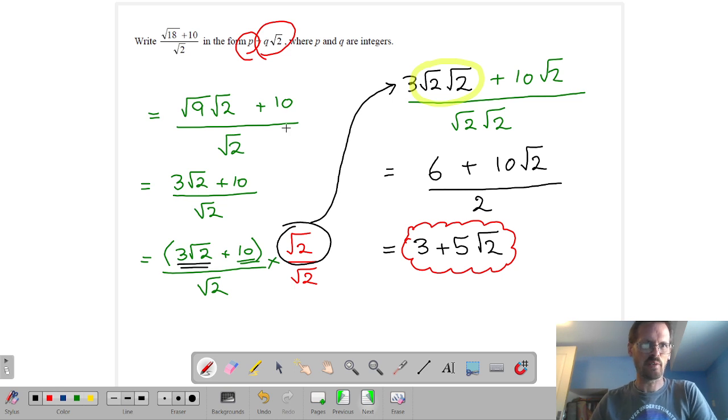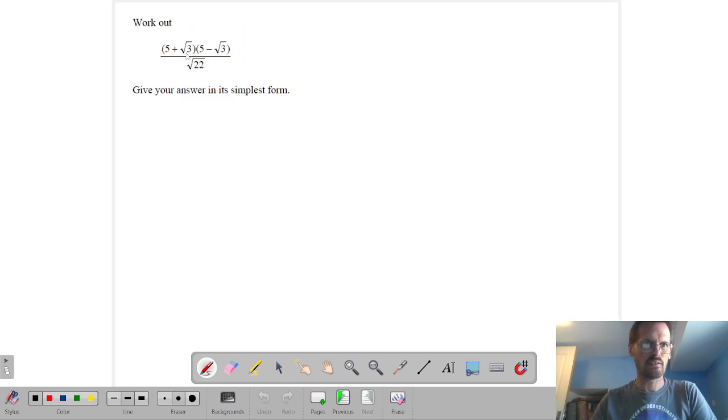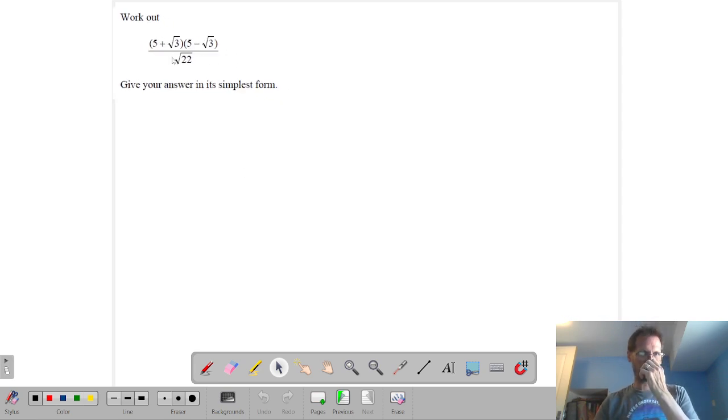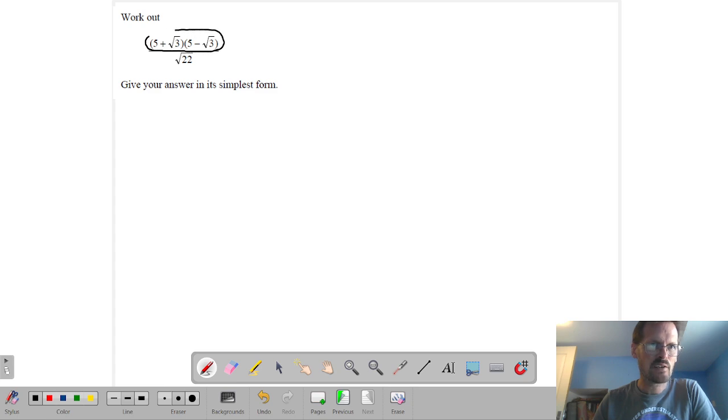Now we get to this beast, which is probably as bad as they're going to get. So we have to simplify all of this. Now the top, the numerator, is a bracket times a bracket, isn't it? We do a bracket times a bracket using FOIL.